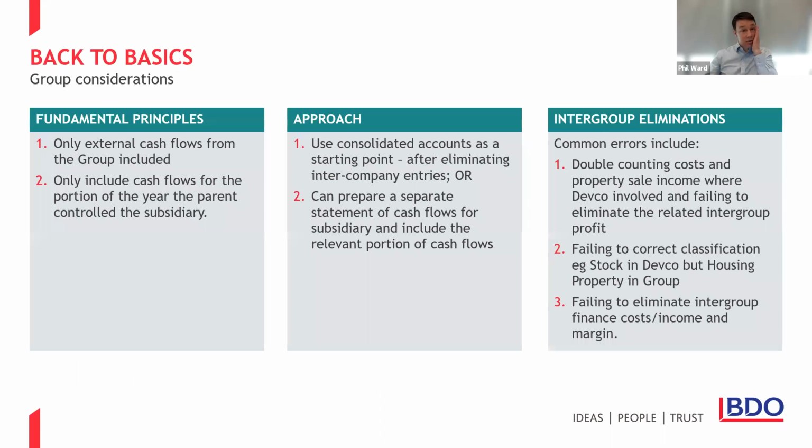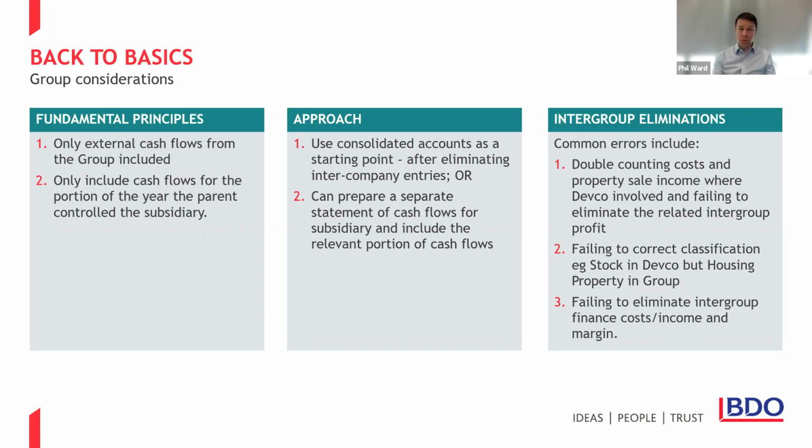So I'll just cover off a few practicalities before we get into the examples. In terms of group considerations, really important that you're only reflecting cash flows that are external from the group. Where you've got any entities joining the group or leaving the group during the year, important that the cash flows only reflect the portion of the year that the parent controlled the subsidiary.